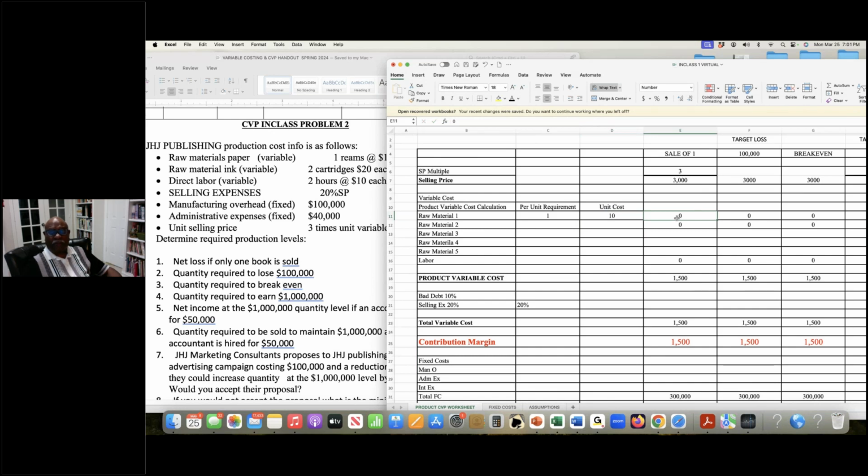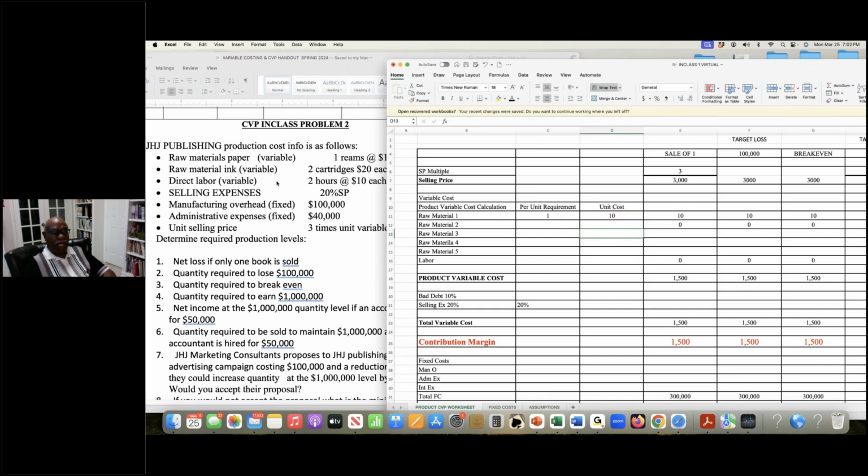Putting in a formula, I'm just going to put in equal, parentheses, the 1 times the 10. I get the 10.